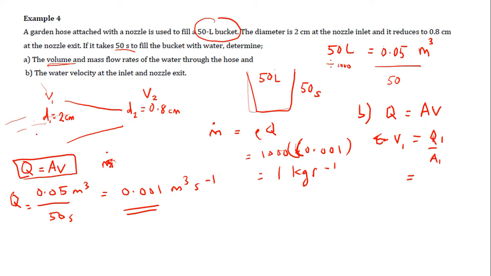Yes, you have to change A1 first here. A1 is pi r square, with D2, so you have 0.01 square.